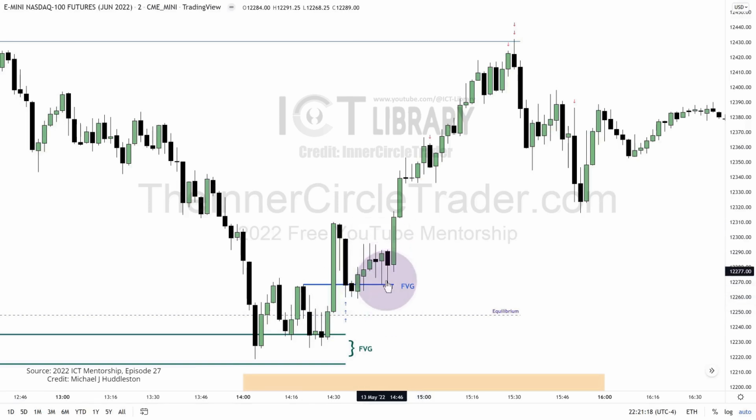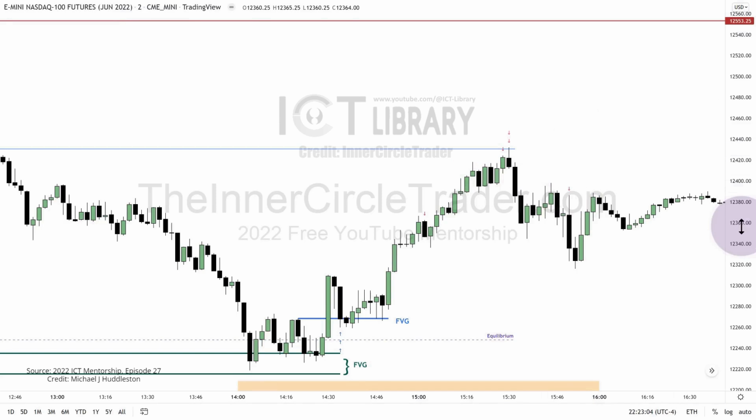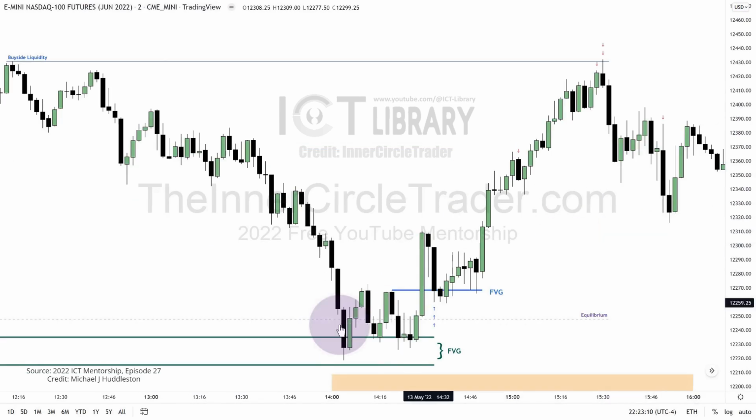And we drop in here, and I want you to look at how the market created this counter trend idea, but still using my fair value gap principle and concept. Liquidity was above here. The day was bullish. The algorithm kept pricing higher and higher and higher, and the logic was delivered here.